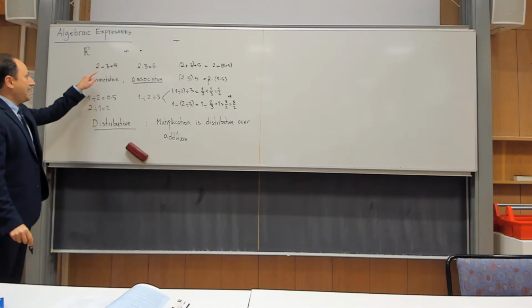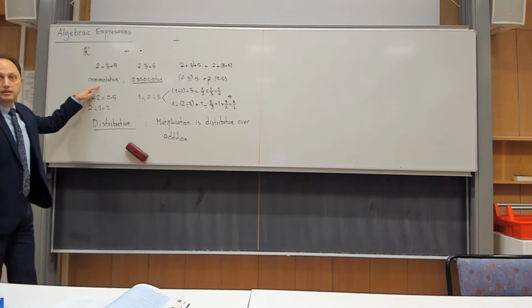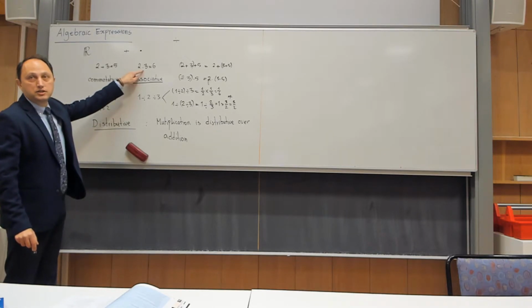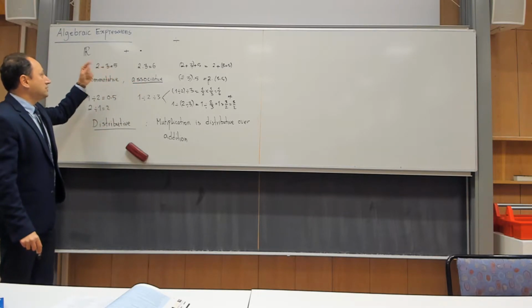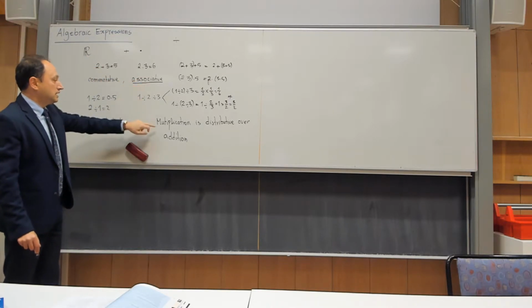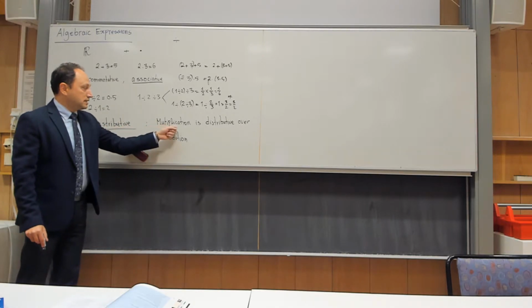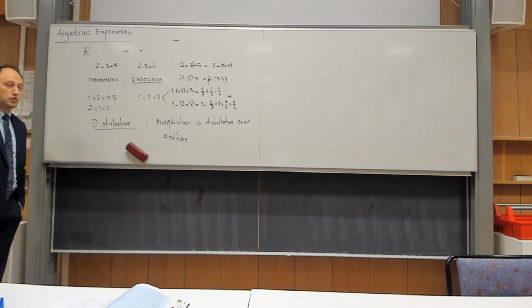Here I say addition is commutative, I only use the word addition. Here I use the word multiplication is commutative. The word associative is exactly for the same kind of operation. Addition is associative, multiplication is associative. But here, about distribution, you need to use the two words, multiplication and addition. So we say that multiplication is distributive over addition.